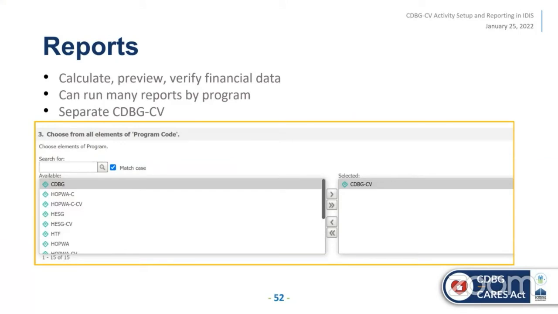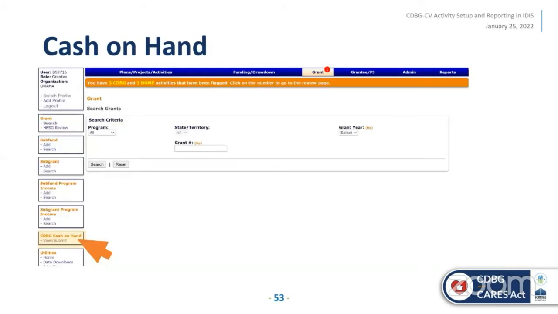With CDBG-CV, reports should now function where you can separate and select just CDBG-CV as your funding type. So you're running the report for that, right?